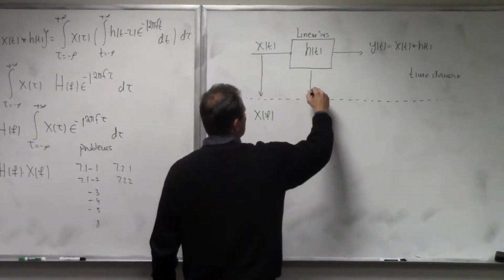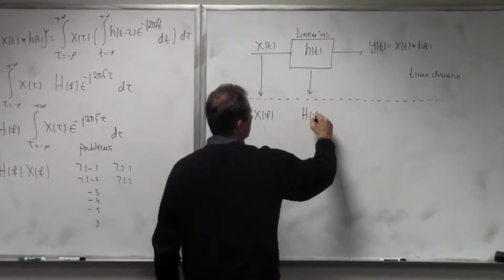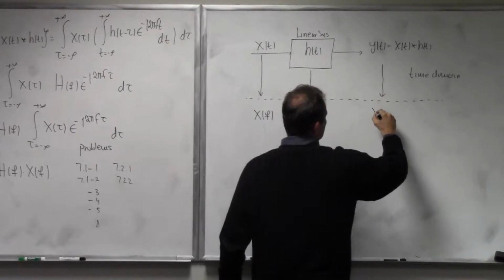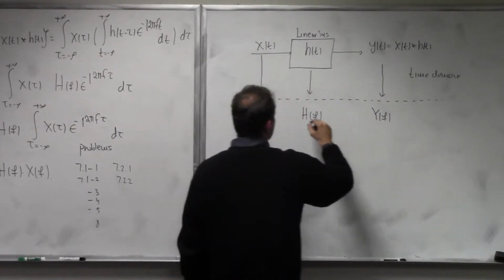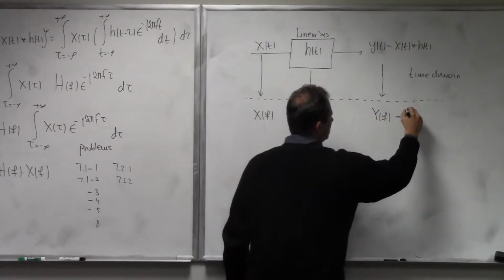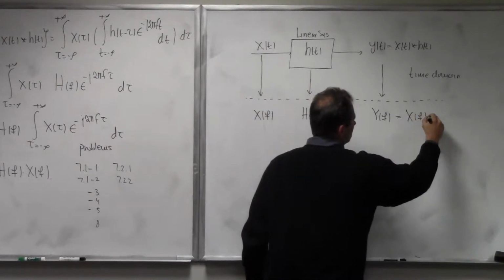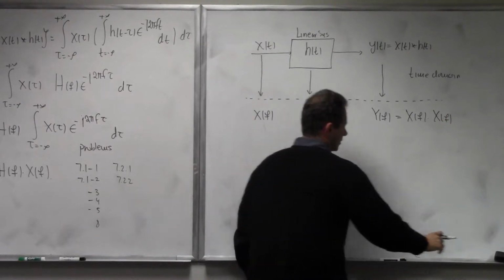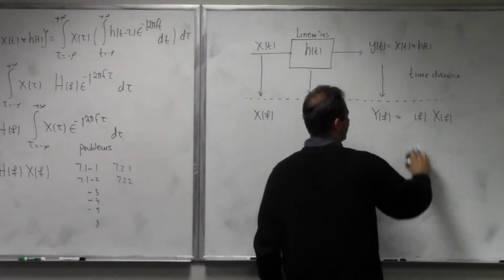This h of t transforms into h of f. And this y of t transforms into y of f. And then this y of f is simply h of f times x of f.